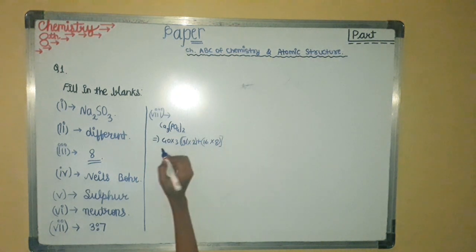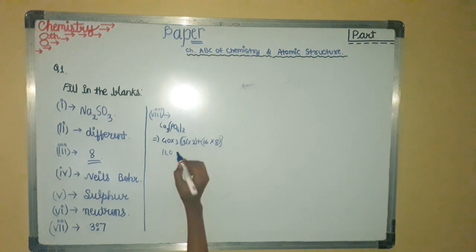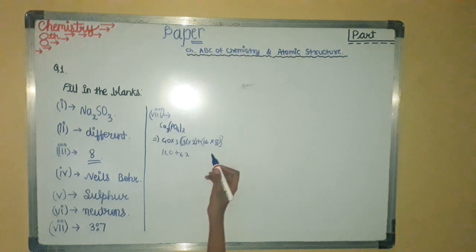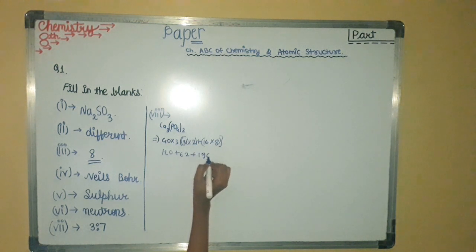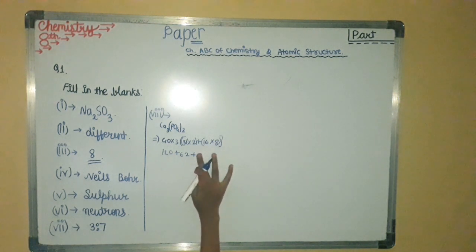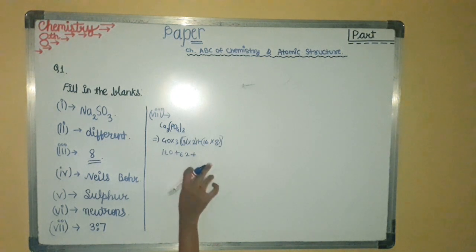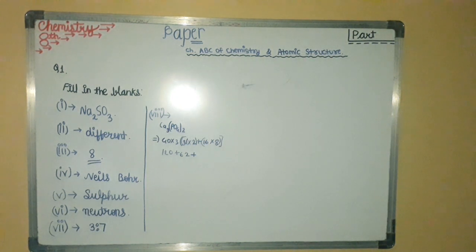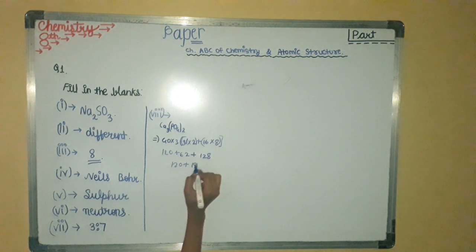Like this, we will get 120 plus 62 and 16 into 8 is 128, and by adding this we'll get 120 plus 190.